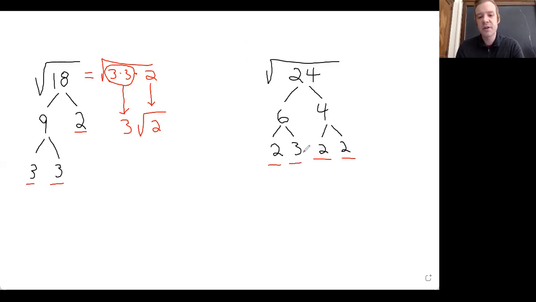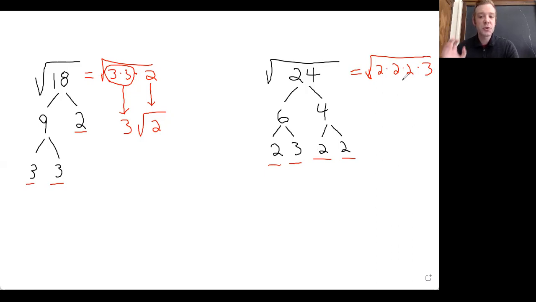Now, because I have a lot of numbers, I'm going to rewrite them in order from smallest to biggest. So I'm going to write all of the 2s first with the 3 at the end. So 2 times 2 times 2 times 3. Now, I only want to circle a pair.